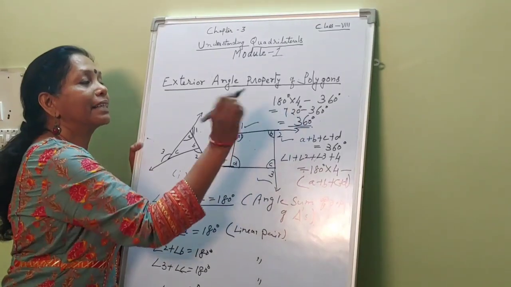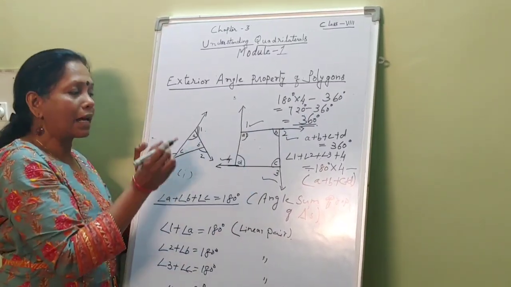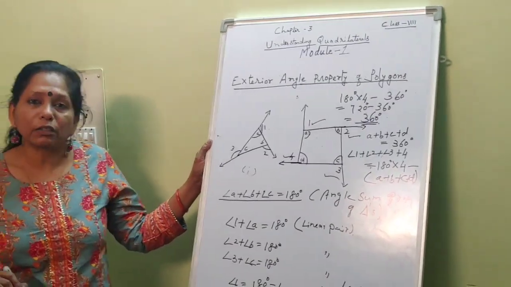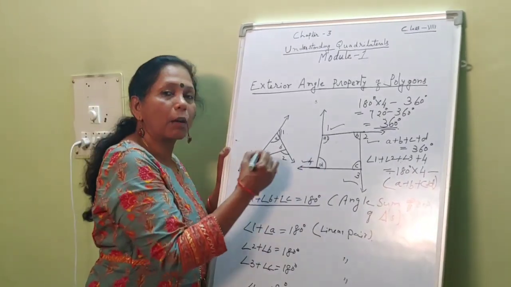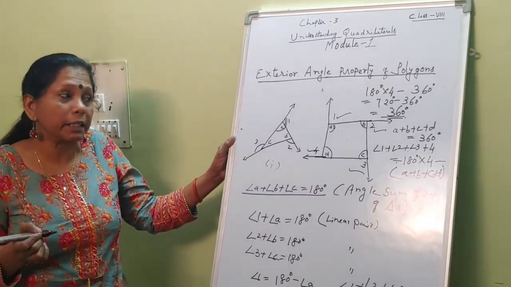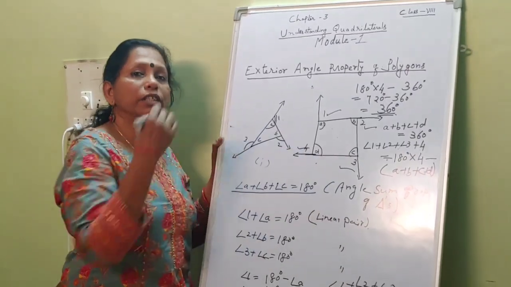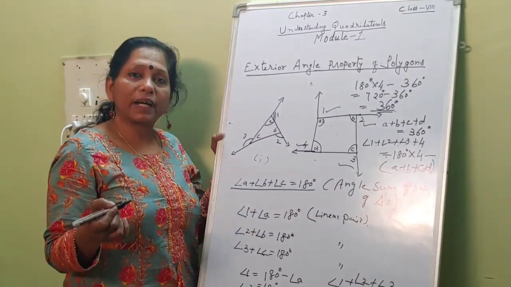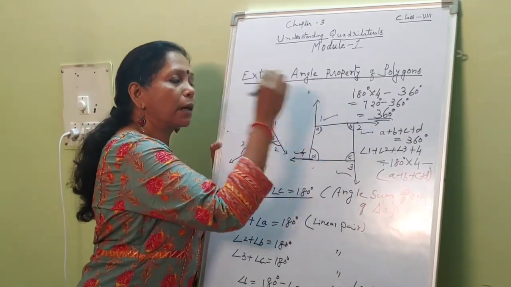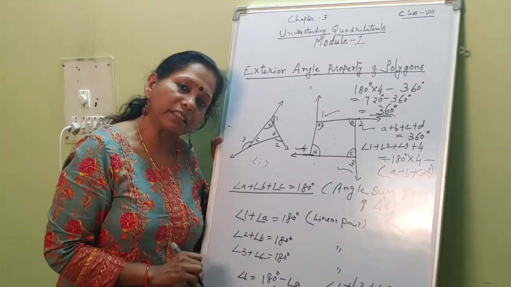So we see that the sum of exterior angles of a quadrilateral as well as a triangle is 360 degrees. So what do we conclude here? Irrespective of number of sides, the sum of exterior angles of a polygon remains the same, that is 360. Whether it is a quadrilateral, a polygon of 5 sides or 10 sides, the sum of exterior angles will remain the same, that is, 360.